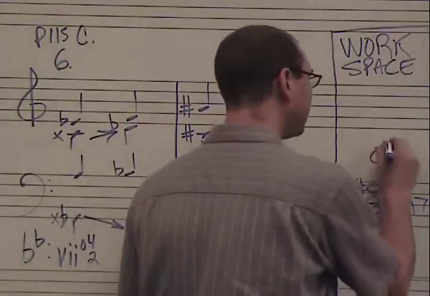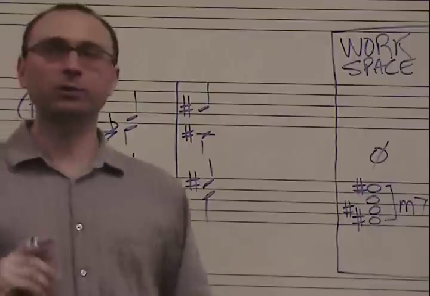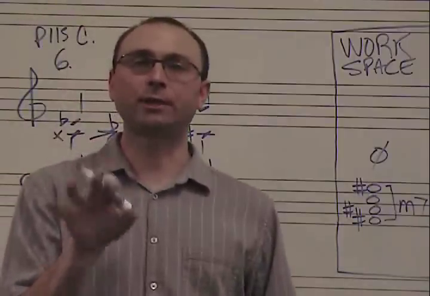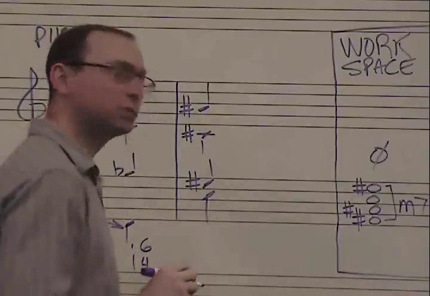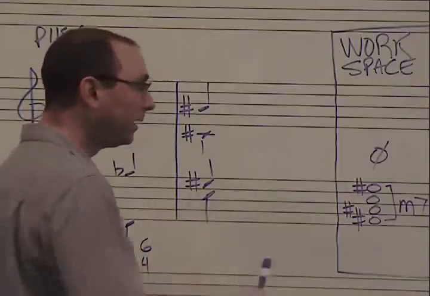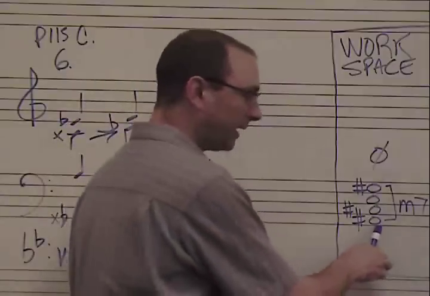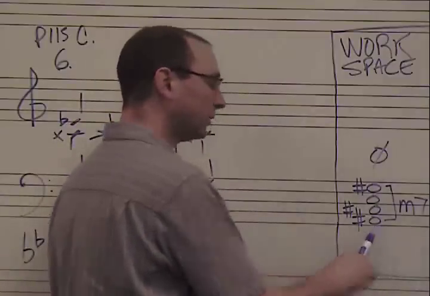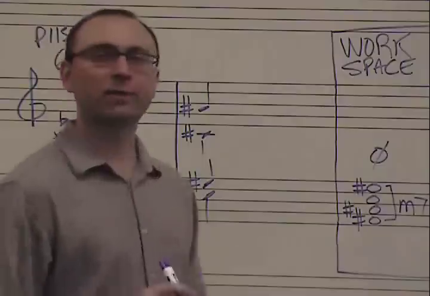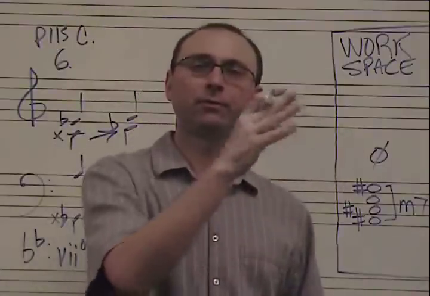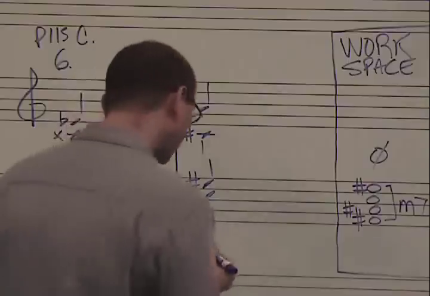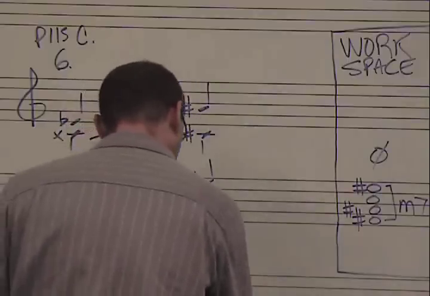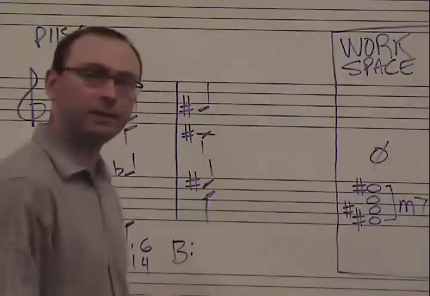Therefore, this is a half diminished seventh chord, which means that this chord belongs to a major key. The question is, what major key? Well, the root factor is the leading tone. A sharp is the leading tone in the key of B major. So the key is B.